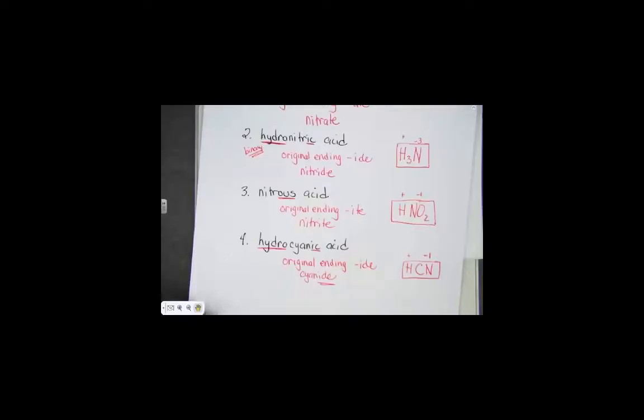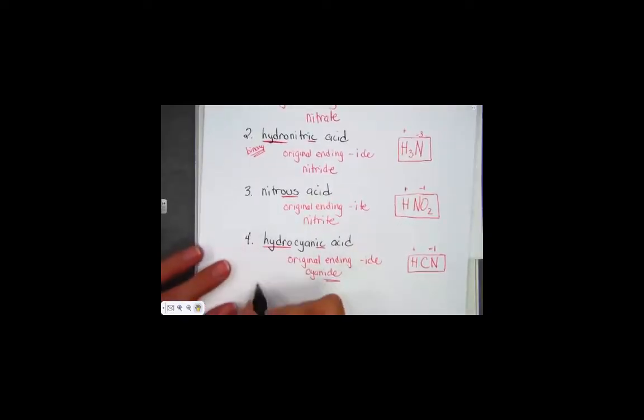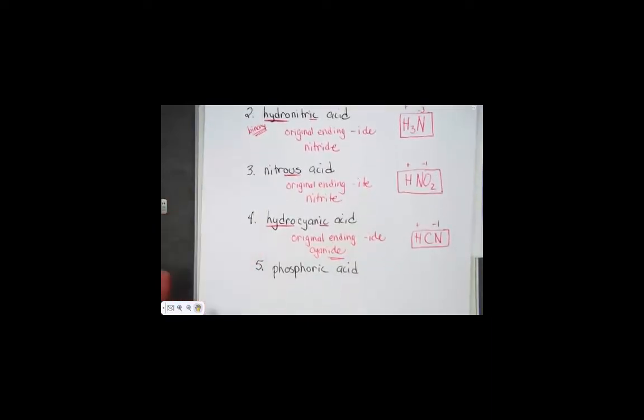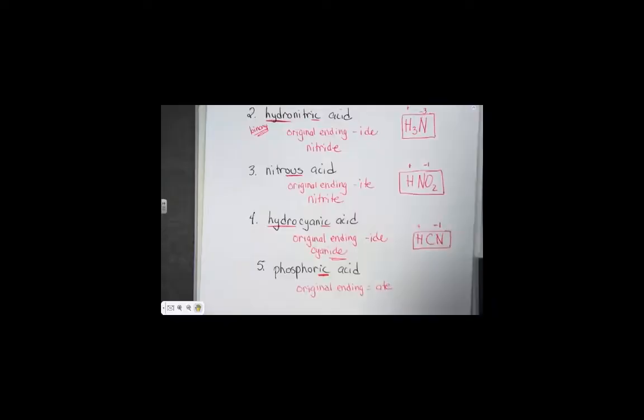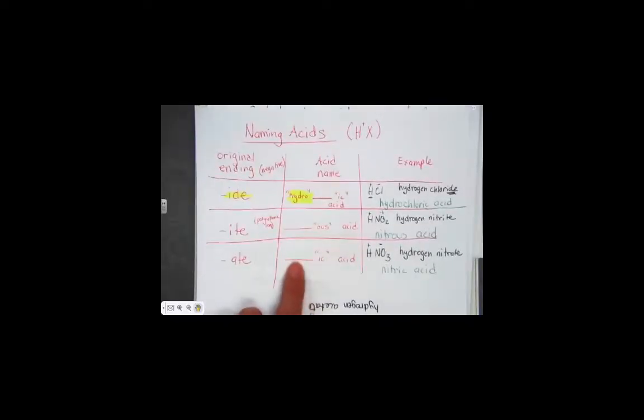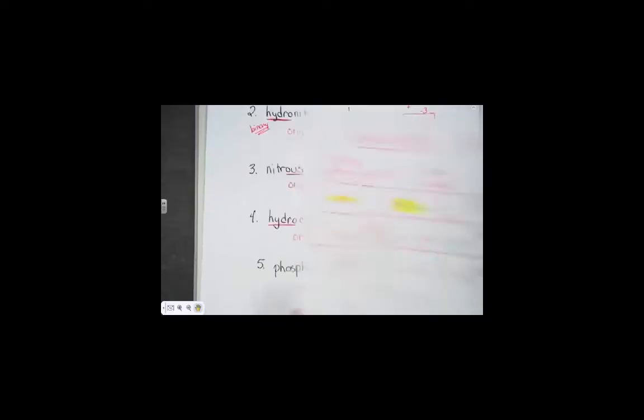How about number 5? This one is called phosphoric acid. Let's go to work deducing what negative ion that was from. I notice the ending "ic," but I don't see hydro. If the ending was "ic," the original last name must have been ATE. No hydro, just "ic." No hydro "ic" comes from ATE.